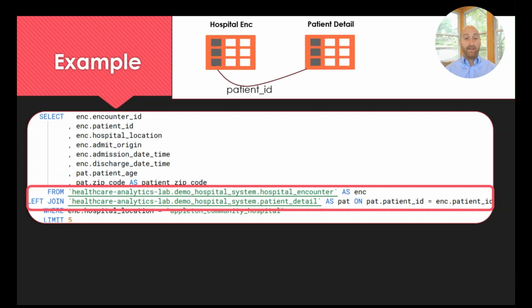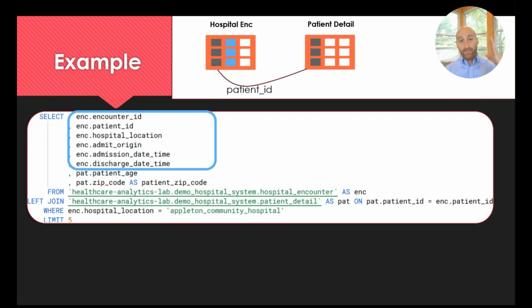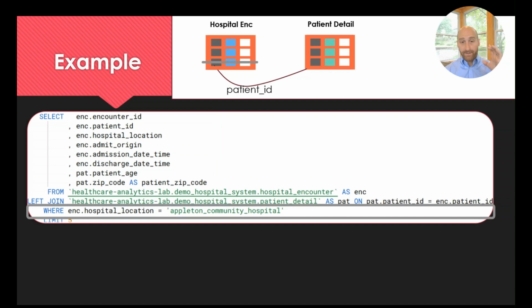We start by looking actually at the foundation of it, which is the from and the join. This is saying I want to grab information from the encounter, the hospital encounter table, joined to the patient details table. That join is happening on the patient ID, which is in common between those two tables. Now, from that hospital encounter table, I want to grab these columns, and from the patient table, I want to grab these columns.